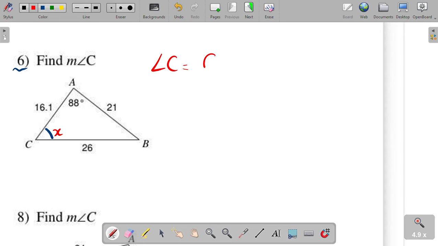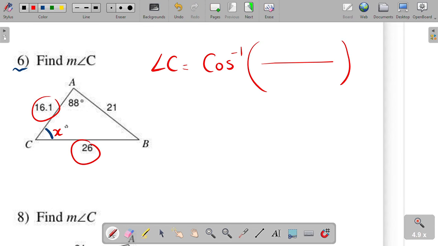Directly you can say shift cosine. Since this is the angle which is missing, I'm going to use the two sides with the missing angle between them. So 16.1 power 2 plus 26 power 2 minus 21 power 2, over 2 times 16.1 times 26.